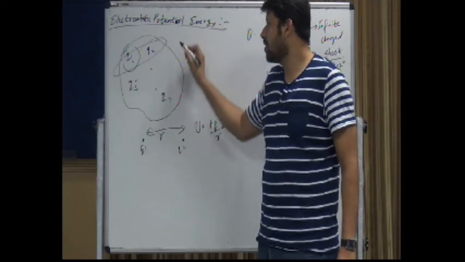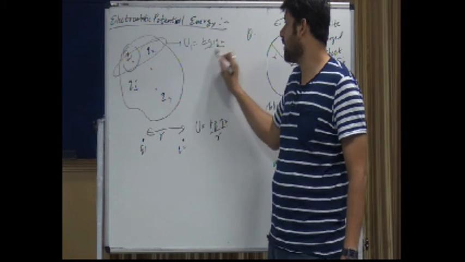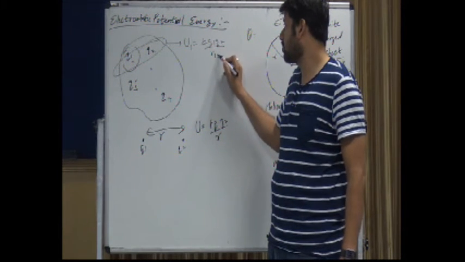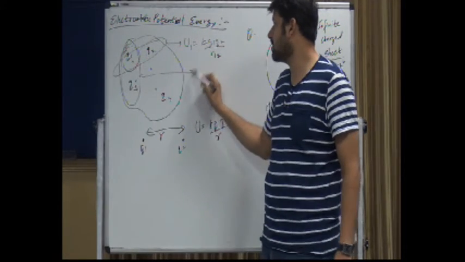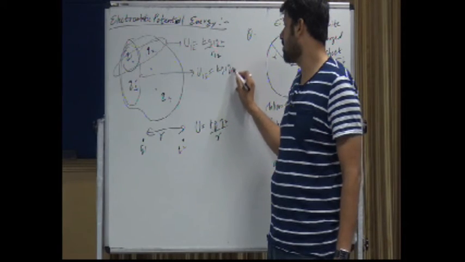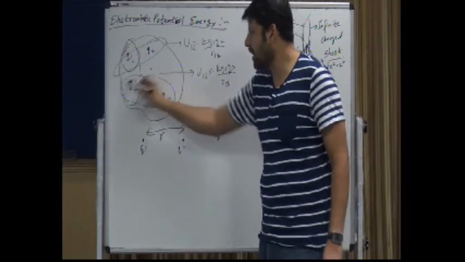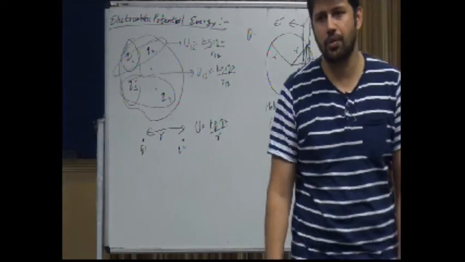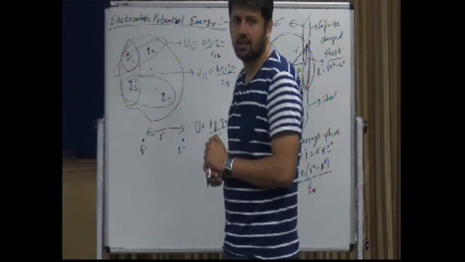The first pair would have potential energy K Q1 Q2 by R12. This pair, this is 1 2, this is 1 3, would have K Q1 Q3 by R13, and so on for each pair. So the total energy of the system would be the energy of each pair added. Is it okay?